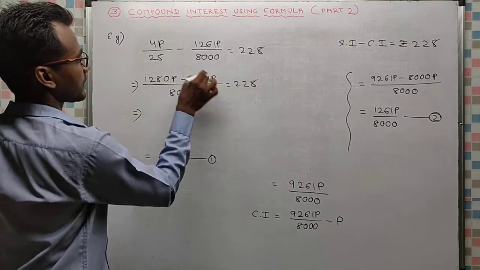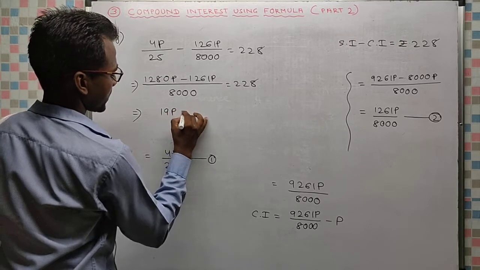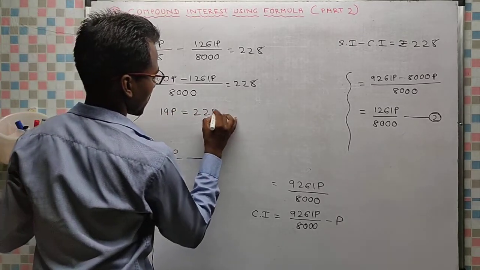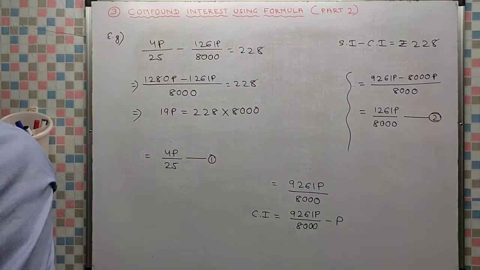So this difference is 19P, which is equal to 228 into 8000.